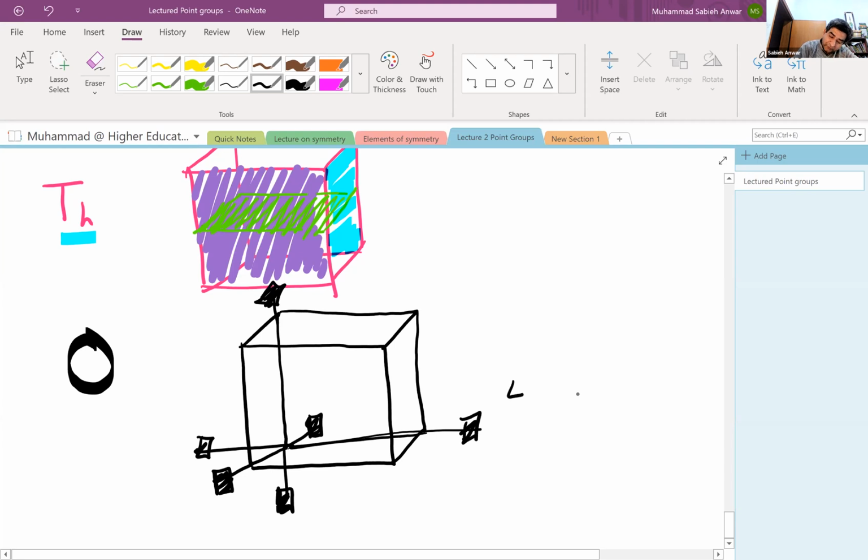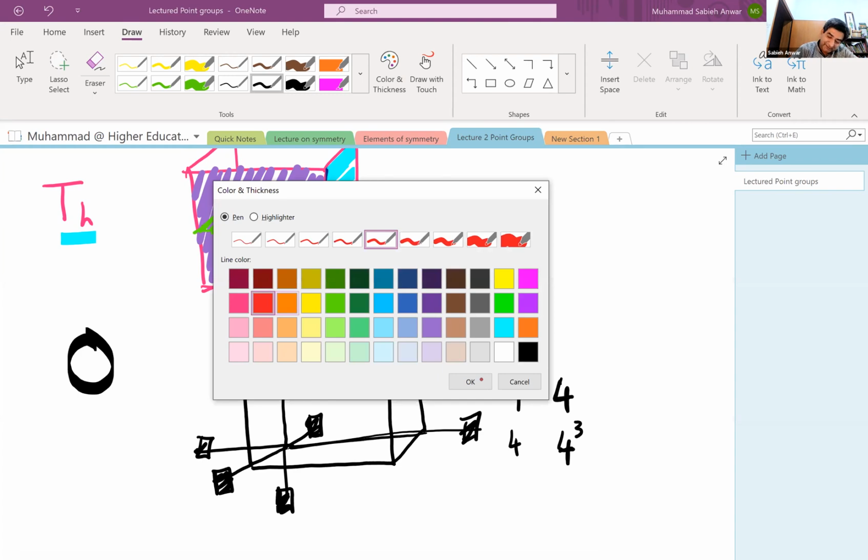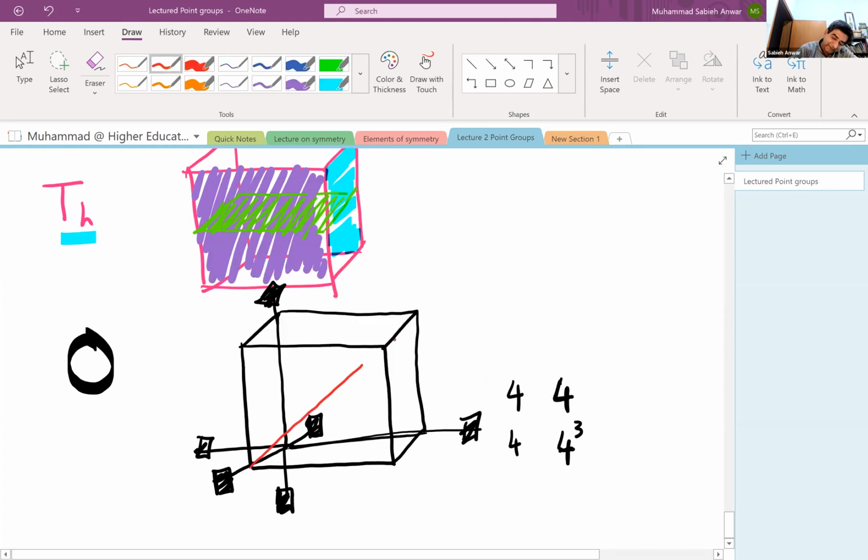Each one of these 4-fold axes of rotation is also a 4-cube rotation. And in O, we additionally have two-fold axes of rotation, which are along the face diagonal. So if I draw a face diagonal, this is a two-fold axis of rotation here. And there are 6 face diagonals. Here are 2 of them. Here are 2 of them.